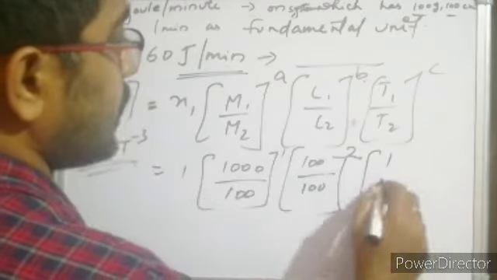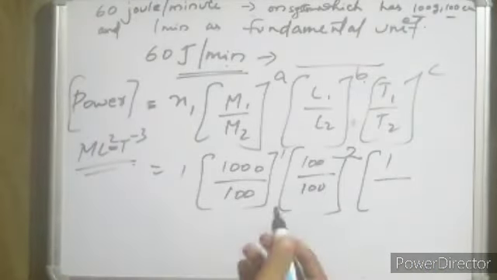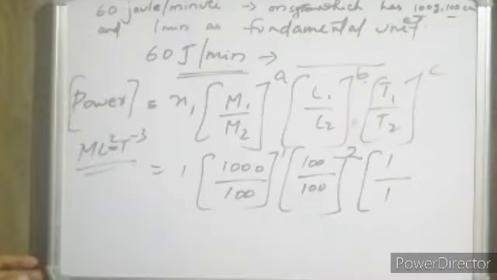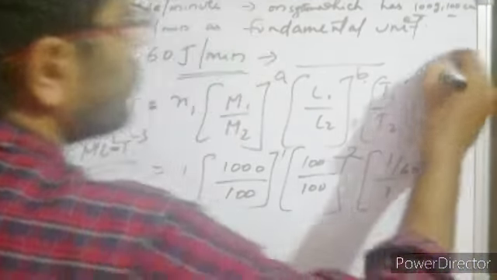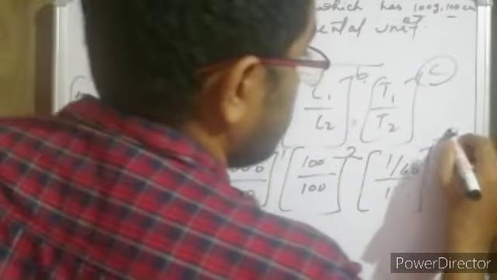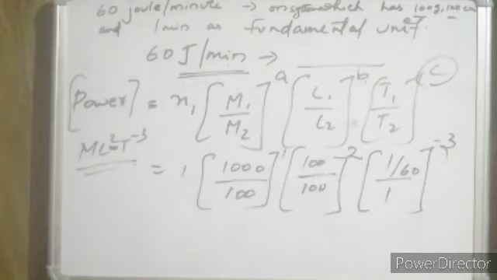T1 is 1 second divided by, here you need it in minute, so you convert 1 second to minute, so 1 by 60 to the power minus 3, so C is equal to minus 3.